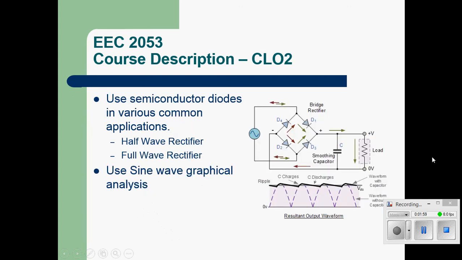In the next learning outcome, we learn how to use these special devices to build special circuits. And one circuit that we will be focusing on is the DC power supply. If you recall, last semester we did an experiment where we were able to show how the capacitor is used to hold charge.